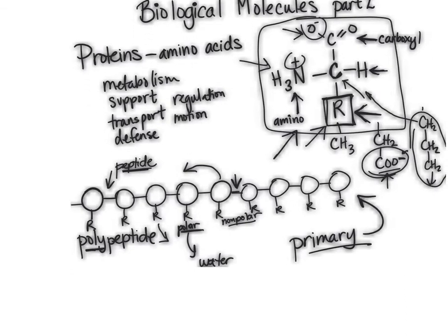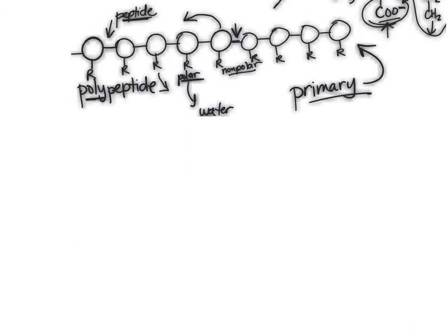Okay. Then when we're moving into our secondary structure, our secondary structure is going to be this interaction that I'm talking about. So these are going to be the hydrogen bonds that are between the amino acids. These are going to be causing the polypeptide chain to then be bending and moving.